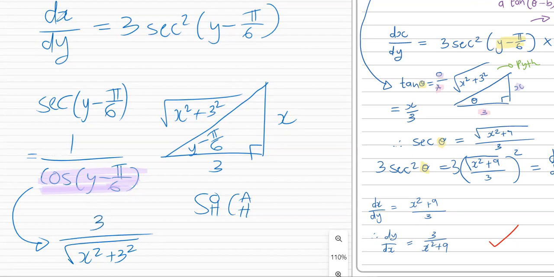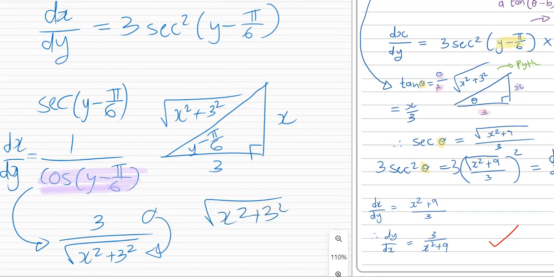But remember that this is dx dy. It's not dy dx. So I'm going to flip it around. Then we get x squared plus 3 squared over 3. So this was just sec written out.